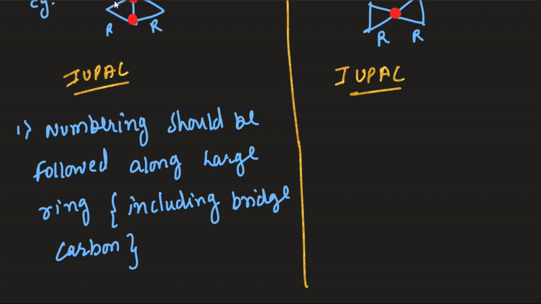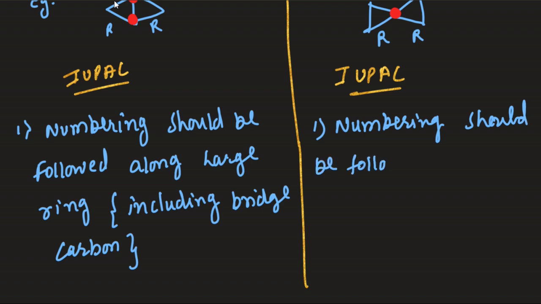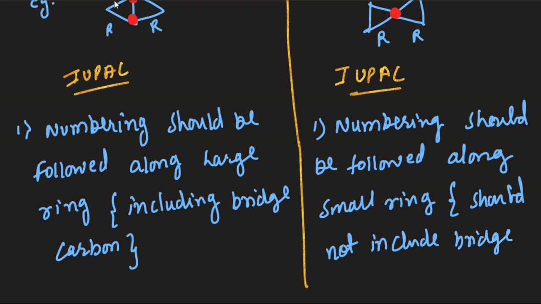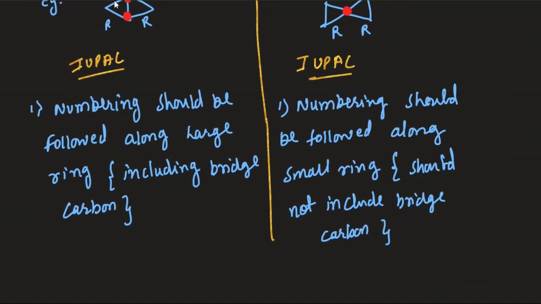Next, coming to spiro, numbering should be followed along the small ring, and should not include bridge carbon.